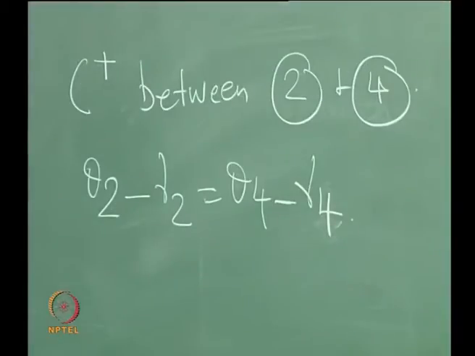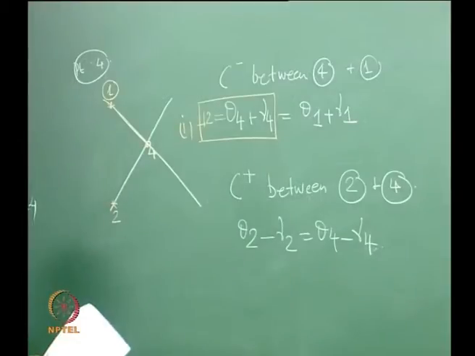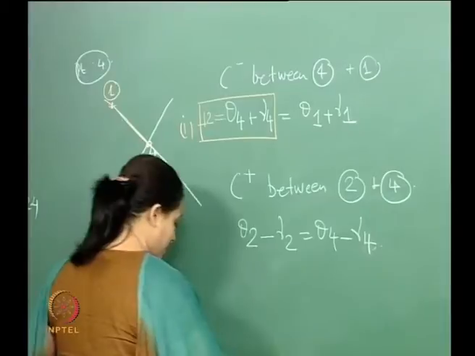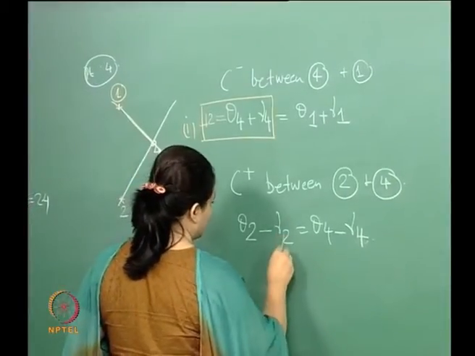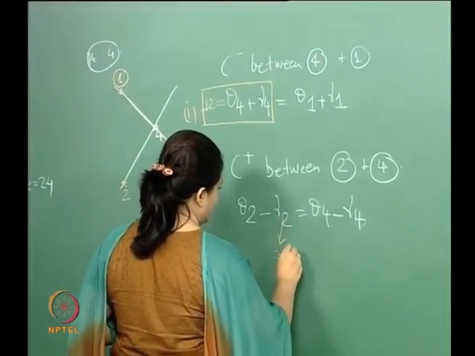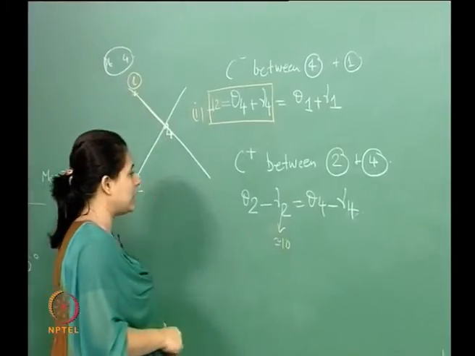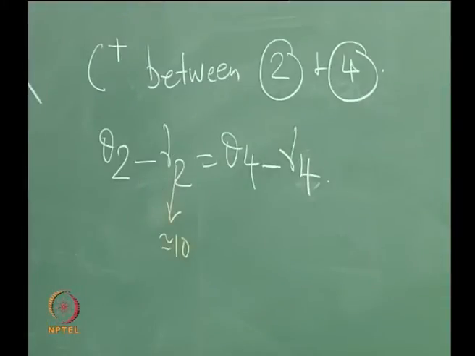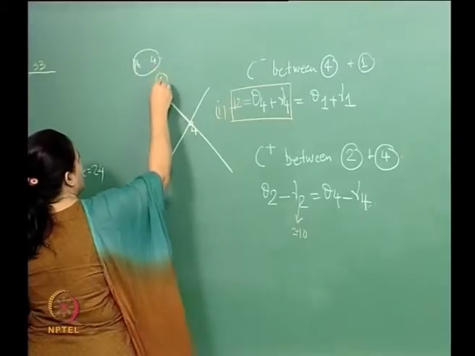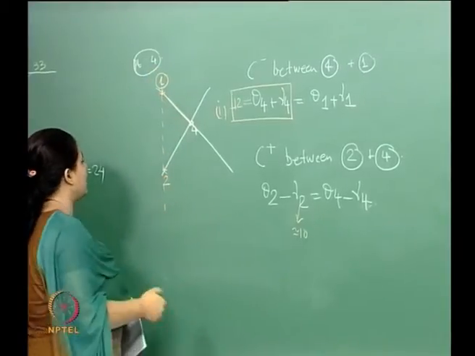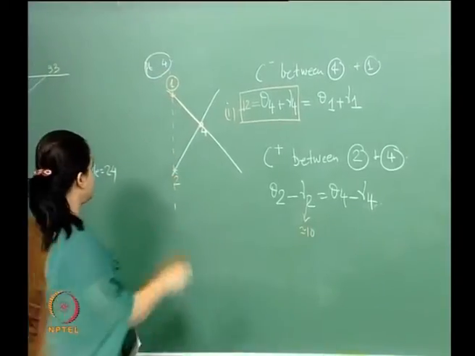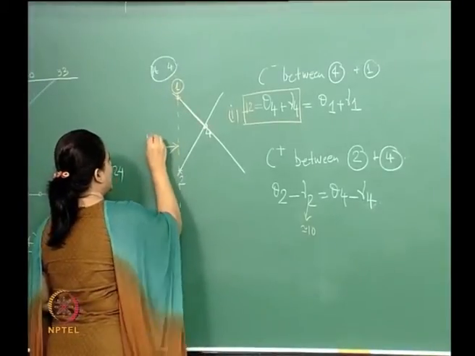Now again theta 2 here. Now mu 2 is something that we know again, which is around 10 degrees, because again this is at the inlet. So this is all at the inlet. So mu 1 and mu 2 are all the same.